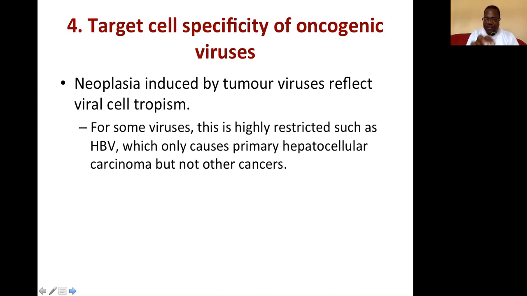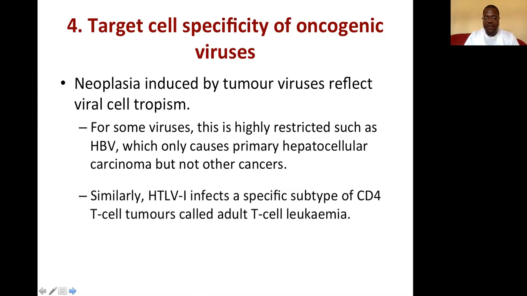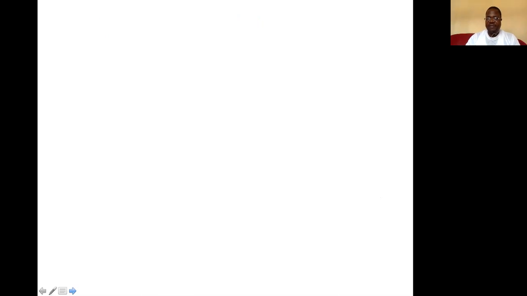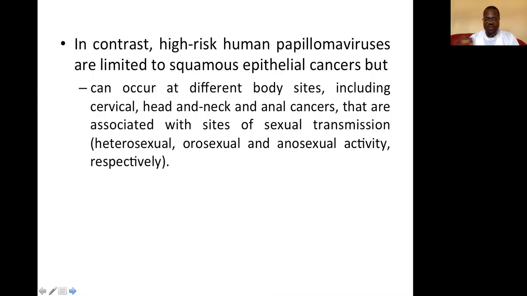It's very specific. The virus has affinity with specific hepatic cells. HTLV-1 virus only infects a specific subtype of the CD4 T-cell, causing adult T-cell leukemia. It only targets those specific cells.